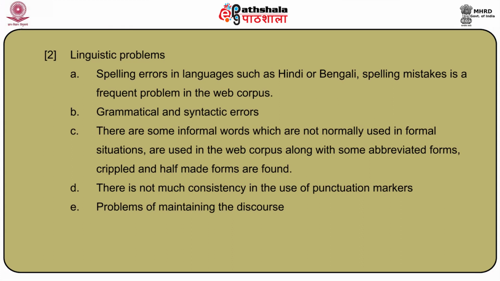Then overlapping domains are also important. That has to be taken care of. The important part to mention here is that sometimes a text belonging to a particular domain can also belong to another domain, and that is a real problem for us.